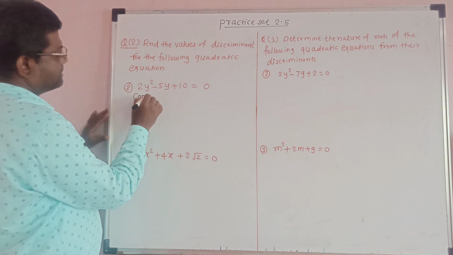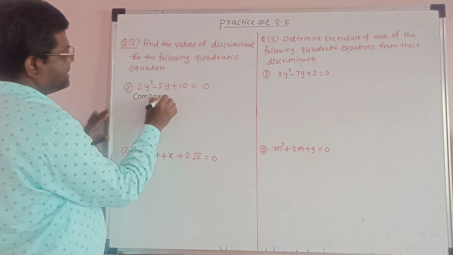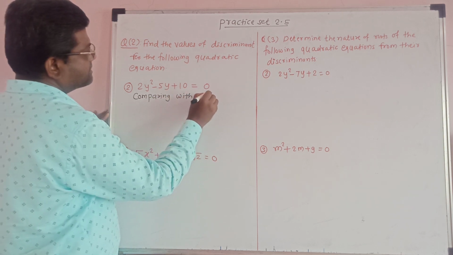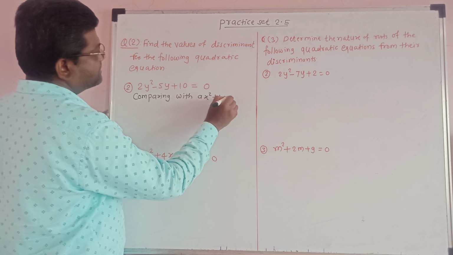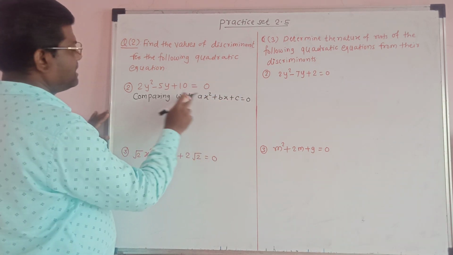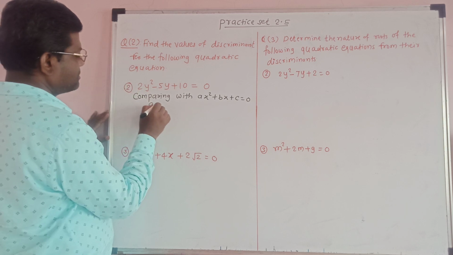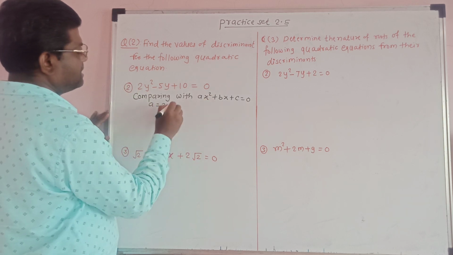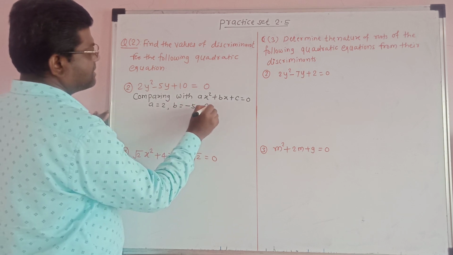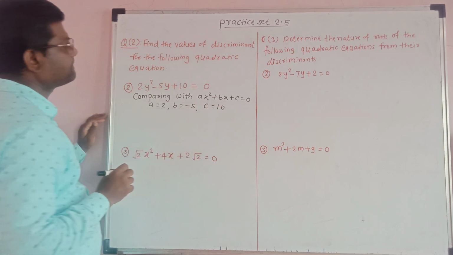Therefore, we write, comparing with ax² + bx + c = 0, a = 2, b = -5 and c = 10.